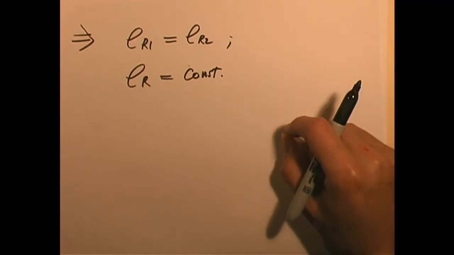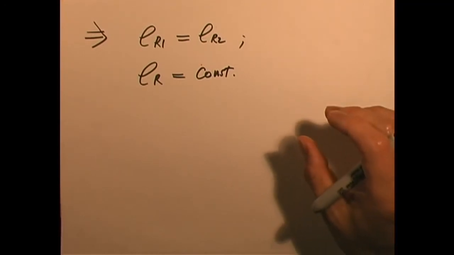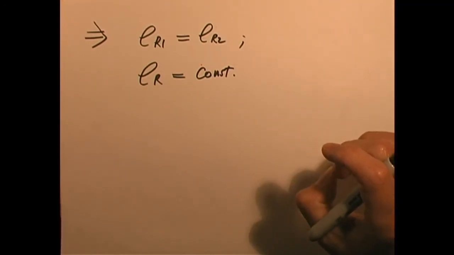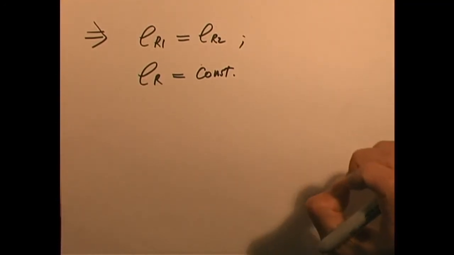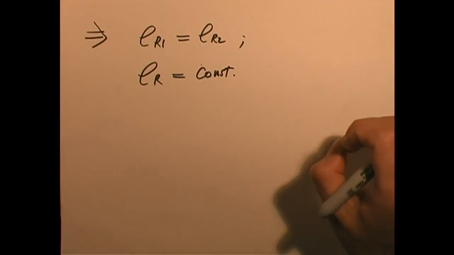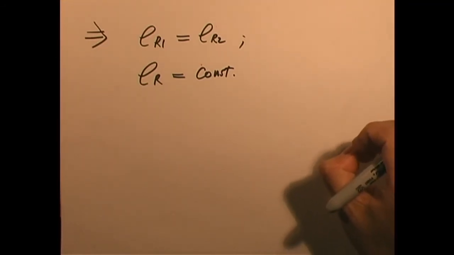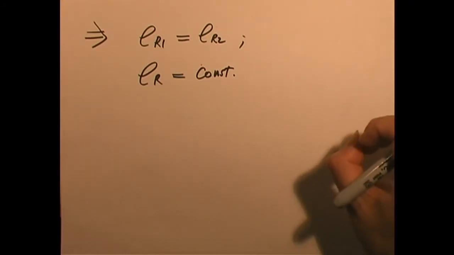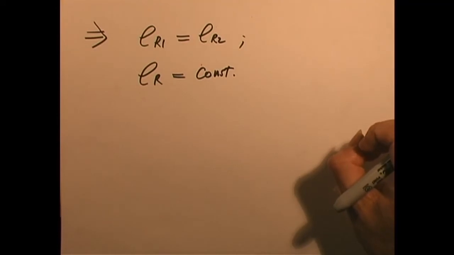In other words, it doesn't matter the detailed engineering of how I make that engine, what kind of working agent I use. Do I use a gas? Do I use a liquid? Whatever I do, as long as the engine operates between the same two temperatures, T hot and T cold, and as long as the engine is reversible, the efficiency is the same. It has nothing to do with the details of the construction of the engine.